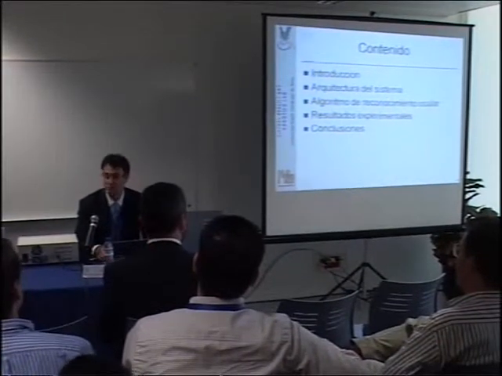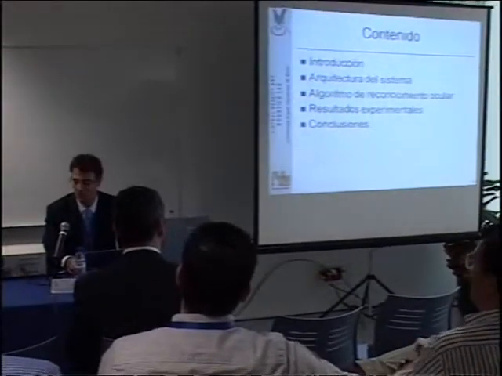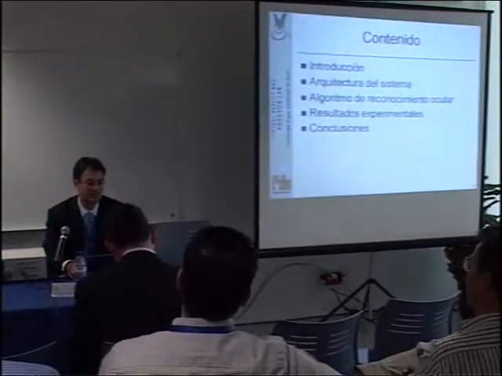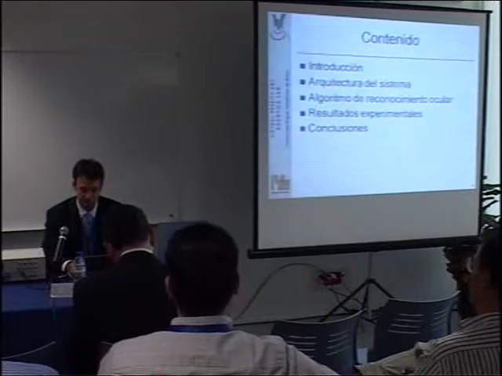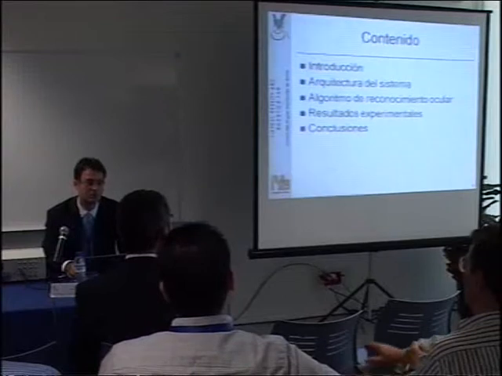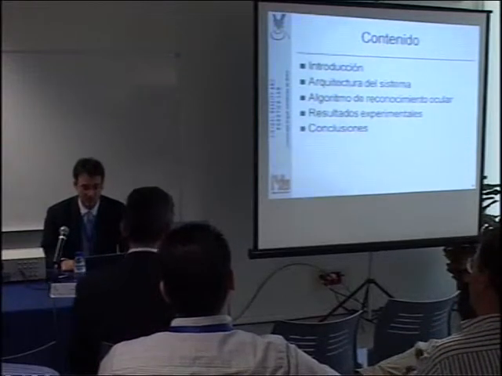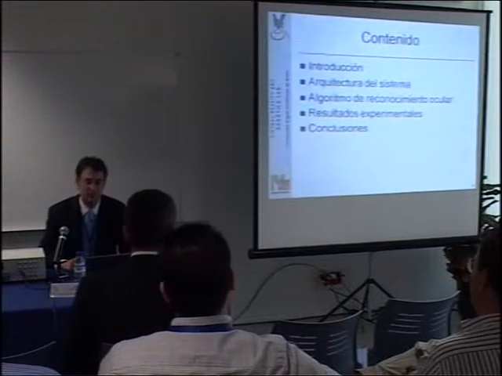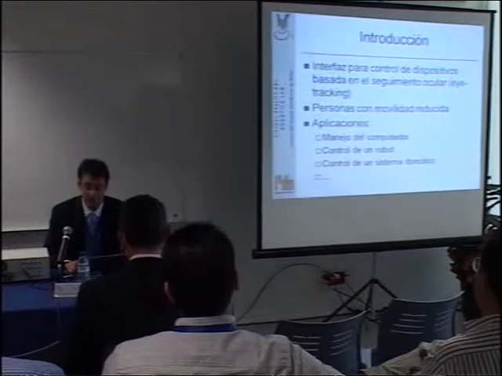Later, we will be focusing on the basis of the whole system, which is this eye tracking algorithm, the algorithm that allows us to determine what direction the person is looking to in order to issue a command that is sent to a device. And then we'll show you some of the experimental results that have been obtained when working on a robot, and then I'll try to draw some conclusions.